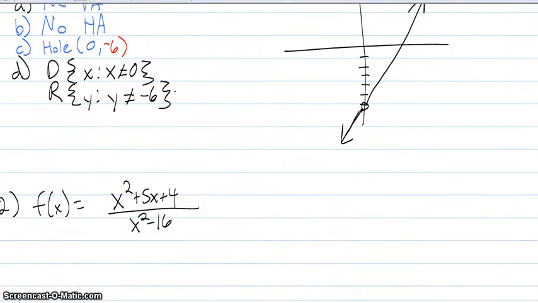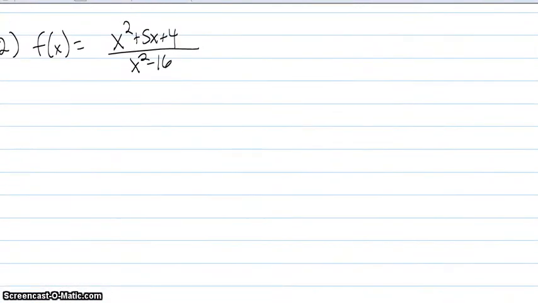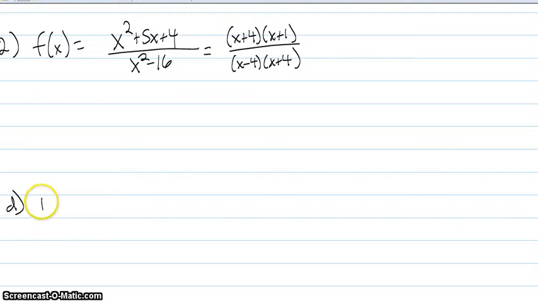All right, now the second one was also from our notes. And again, first thing you want to do is simplify it. x plus 4, x plus 1, all over x minus 4 and x plus 4. All right, I have it down to this. My domain restrictions are x cannot be 4 or negative 4.